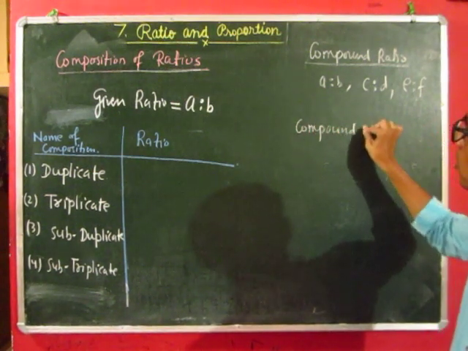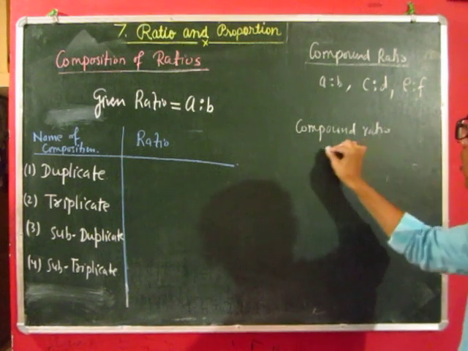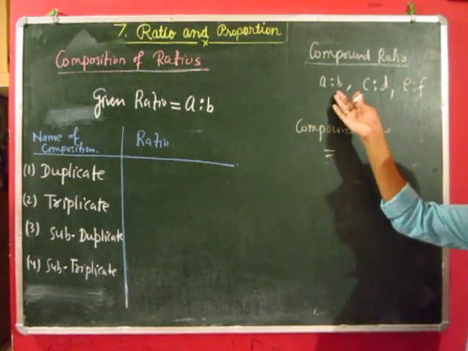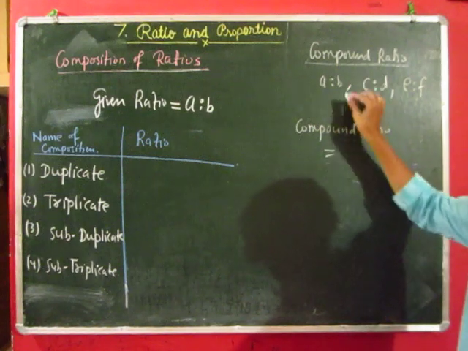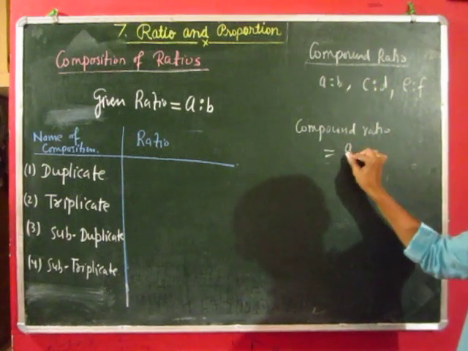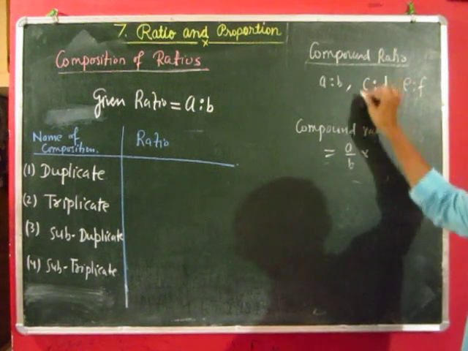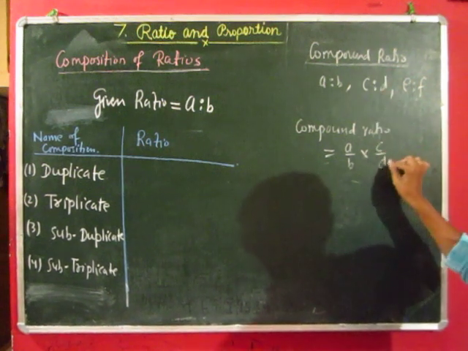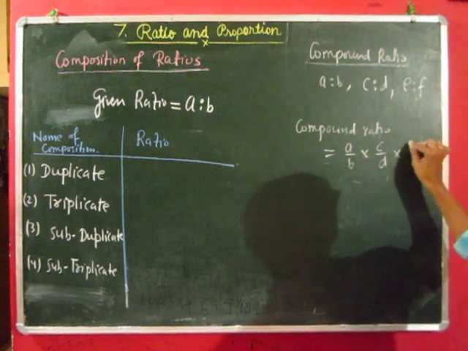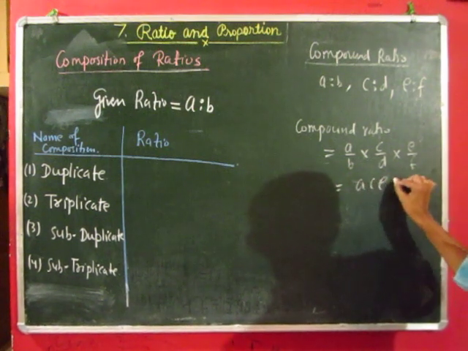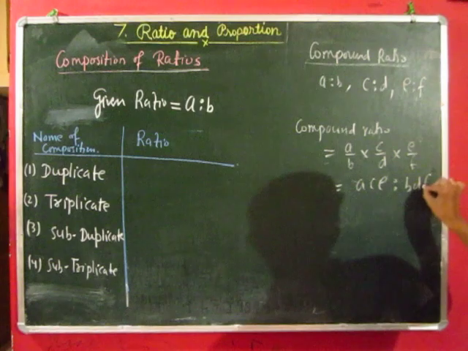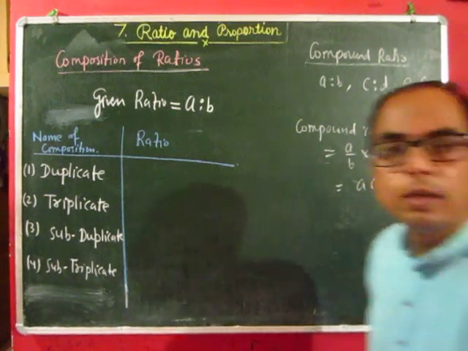It is very easy: multiply all the ratios. A by B into C by D into E by F. So this will be ACE is to BDF. This is called compound ratio.